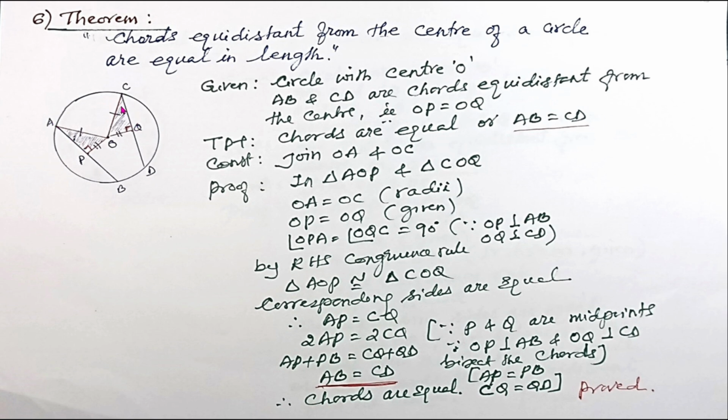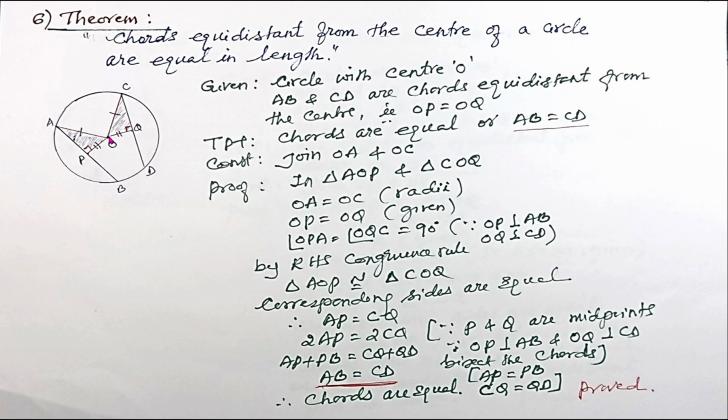Now we know that if AP is equal to CQ, P is the midpoint of AB, Q is the midpoint of CD. If I take 2 times AP, that becomes chord AB. If I take 2 times CQ, that becomes chord CD. Therefore AP plus PB is AB and CQ plus QD is CD, because P is the midpoint of AB.